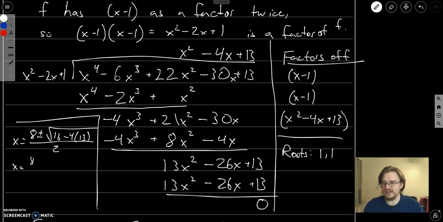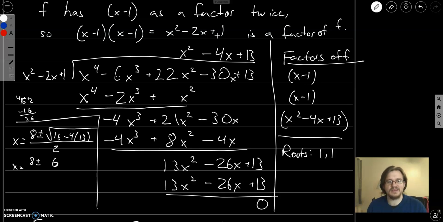So this will be 4 plus or minus the square root of 16 minus 4 times 13. 4 times 13 is 52, and 16 minus 52, I'll just have to do this to the side, will be negative 36, and the square root of negative 36 is 6 times i.